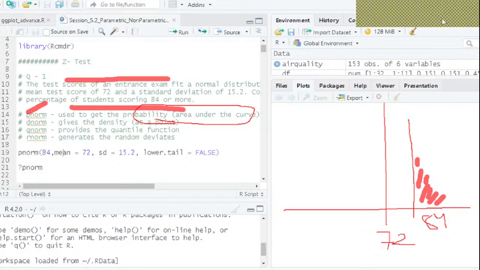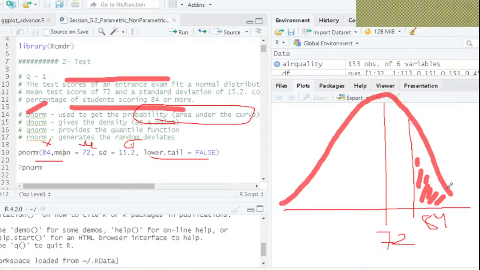P norm. First you mention the X, then you mention the mean, then you mention the standard deviation, and then whether it's a lower tail, whether this shaded area is on the lower side or upper side, right?